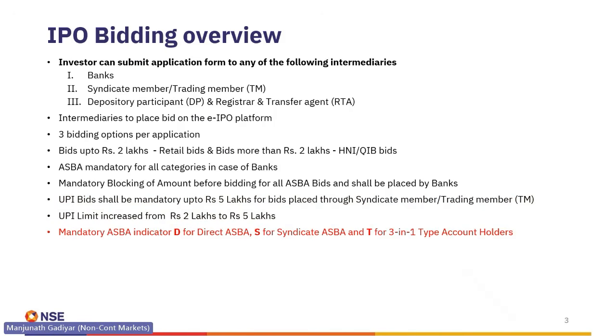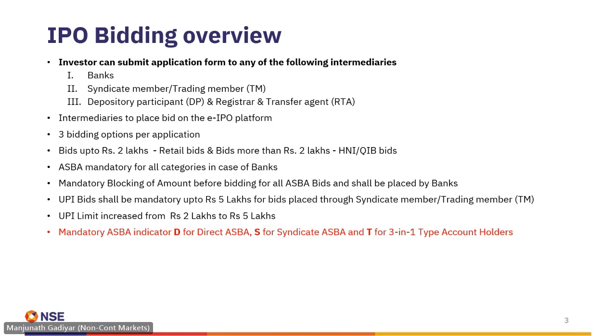And again, there is something called the ASBA block reference number, which is mandatory. D is for direct ASBA, S is for syndicate ASBA, and then there is the 3-in-1 type of account holders, who also have a banking arm, where the demat account and the bank account are together. I was just asking about these reference number indicators you are mentioning.